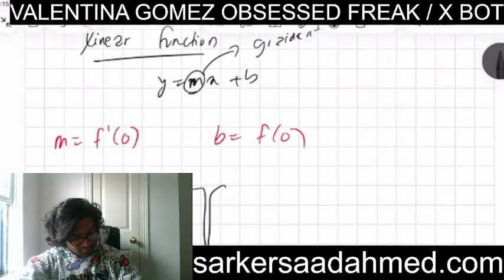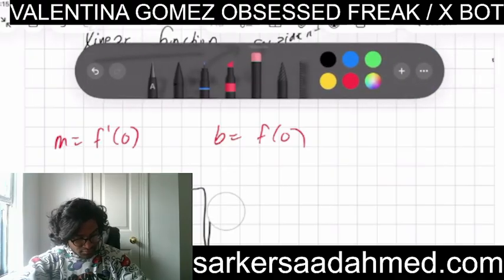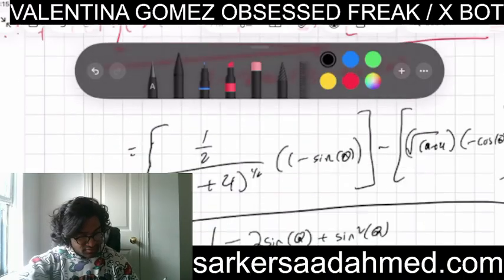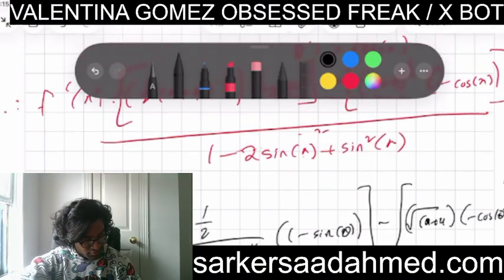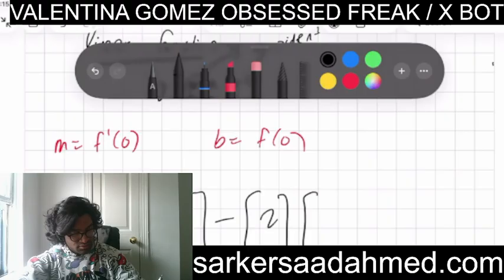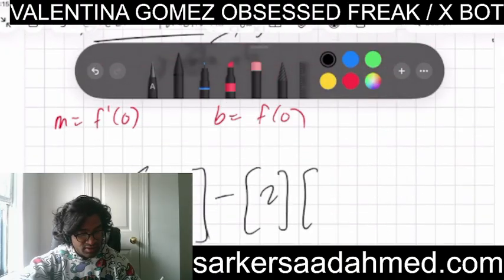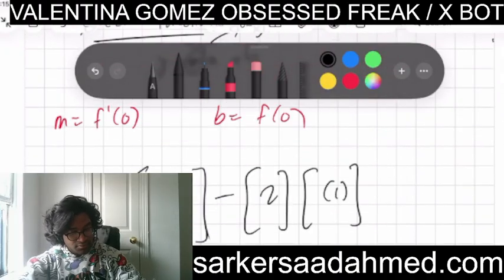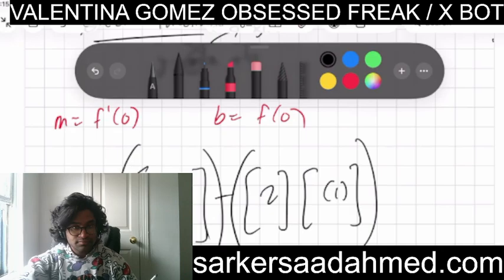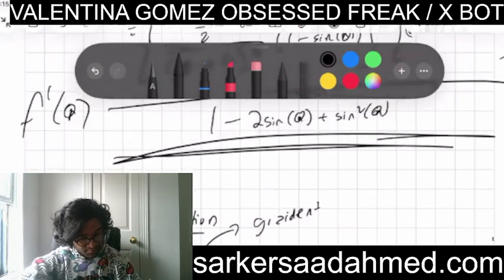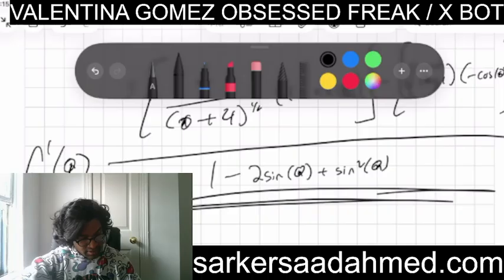Minus root of 4 is 2. Minus cosine of 0 is 1. Divided by 1 minus sine of 0, which is 0, so 1 minus 0 plus 0, which is 1.